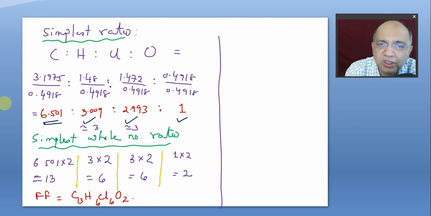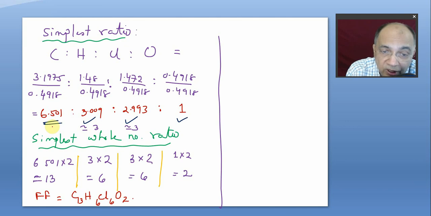So carbon, hydrogen, chlorine, oxygen, this will be the simplest mole ratio divided by the minimum. So this is bound to come 1, and this has come 2.993. That can easily be rounded up to 3, and this is 3.009, can be rounded up to 3, but this cannot be rounded off. This is 6.5.